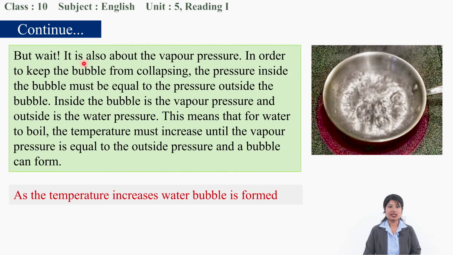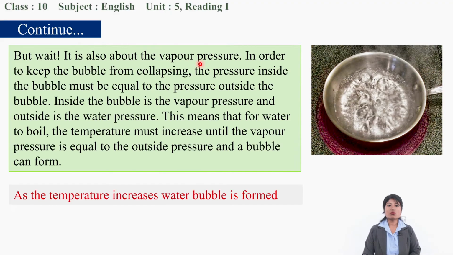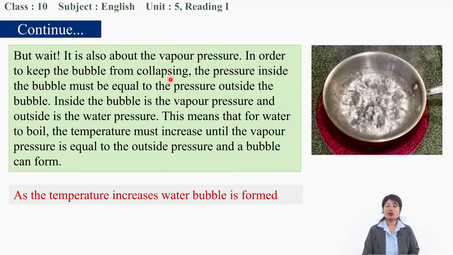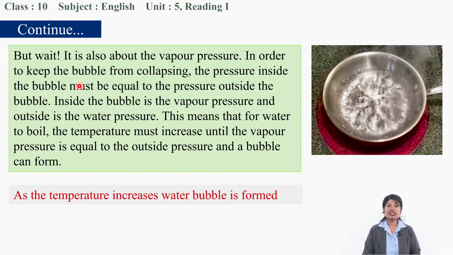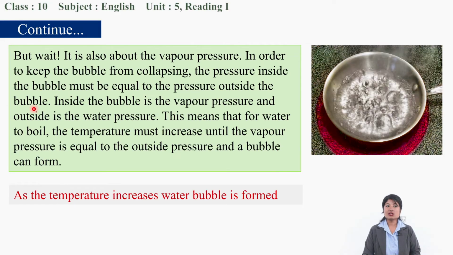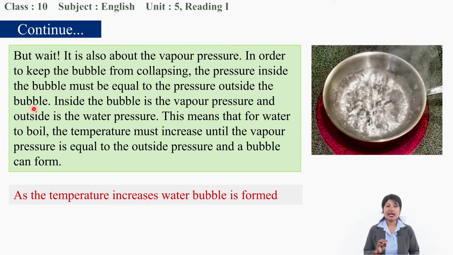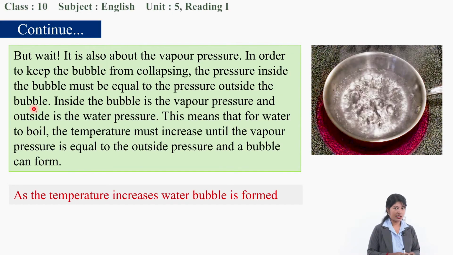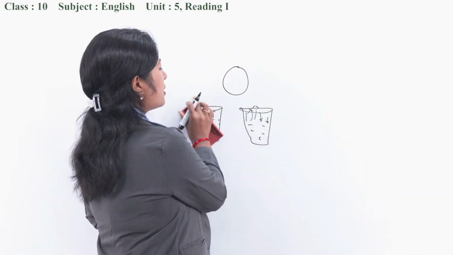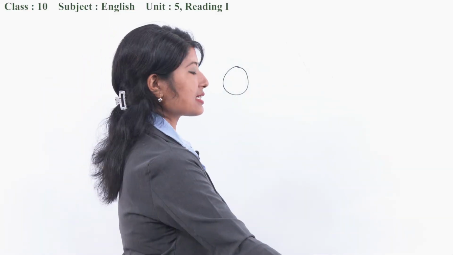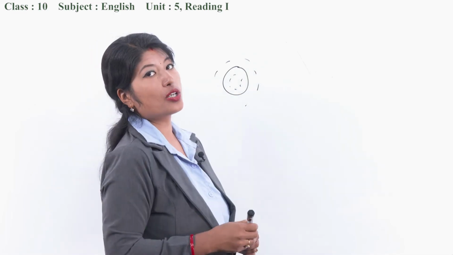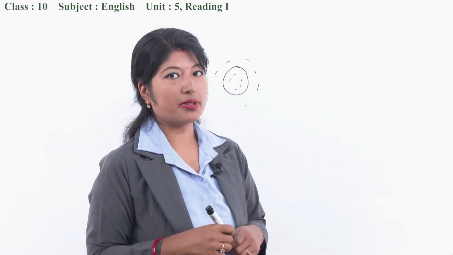But wait, it is also about the vapor pressure. In order to keep the bubble from collapsing, the pressure inside the bubble must be equal to the pressure outside the bubble. Look at the board. We have a water bubble, right? The pressure inside this water bubble and outside should be the same, so the bubble does not break.